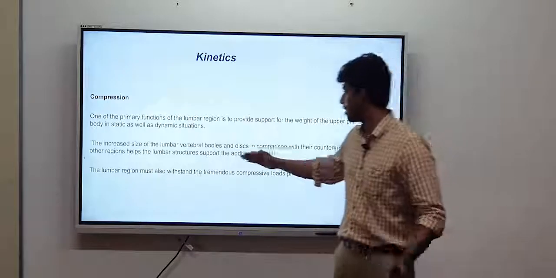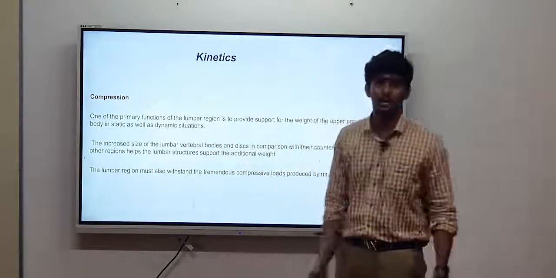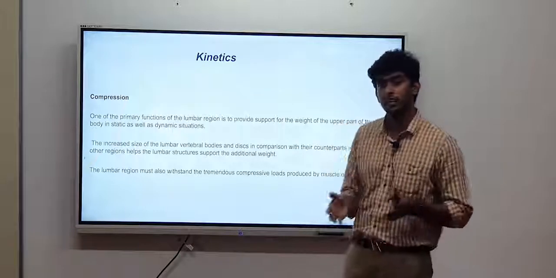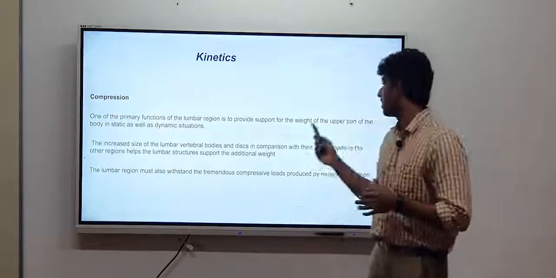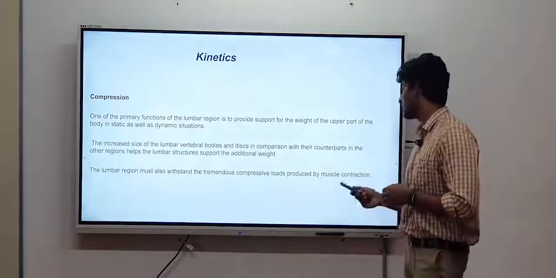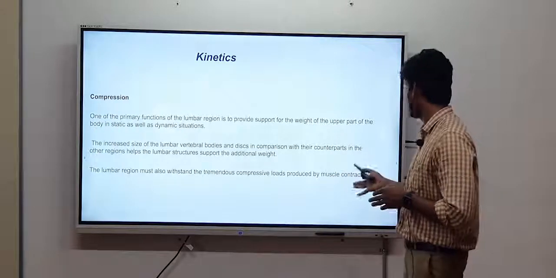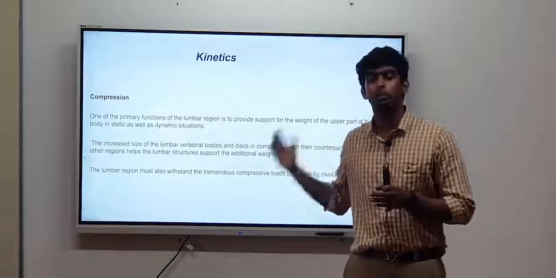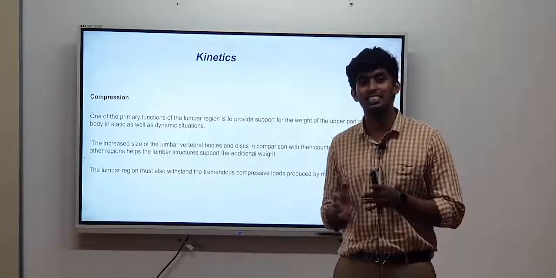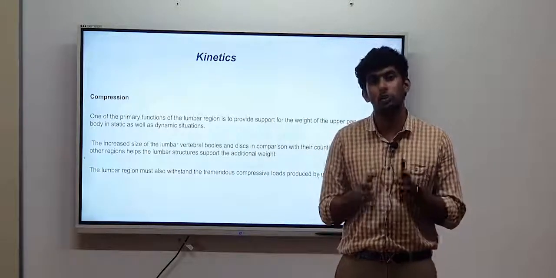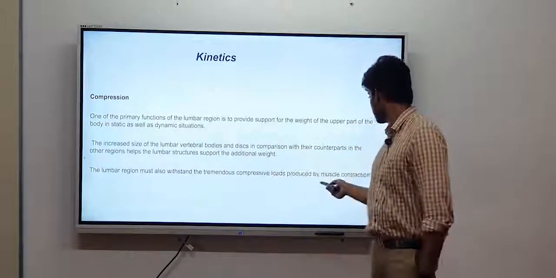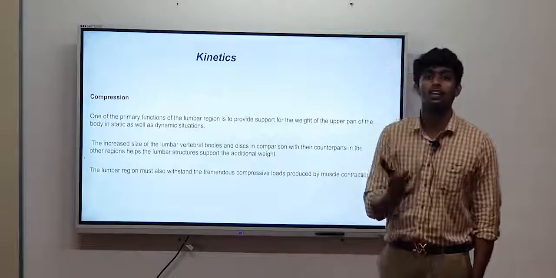So that is one of the benefits of the increased size of the lumbar vertebrae that we had discussed in the slides in the last session. The lumbar region must also withstand the tremendous compressive load produced by muscle contraction. For example, from a physiotherapy point of view, if a person is getting low back pain, there are more chances the muscle contraction will be more than the usual.